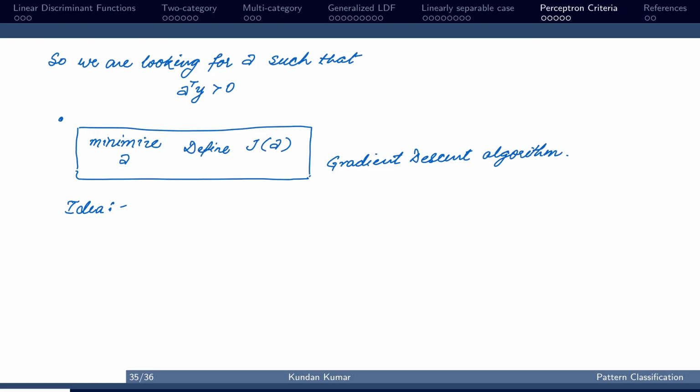So the idea is that first we initialize the weight vector. So start with a1.